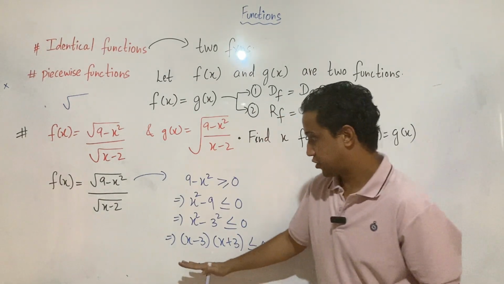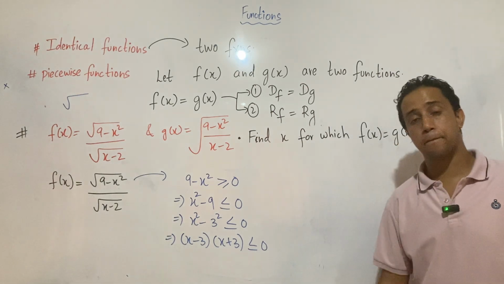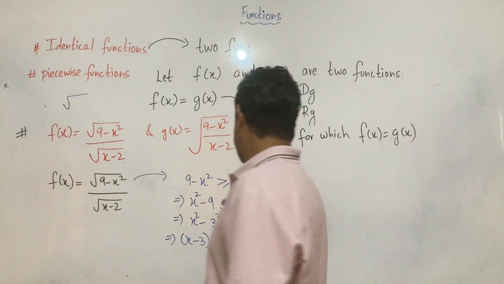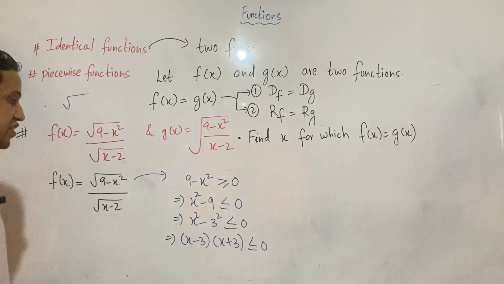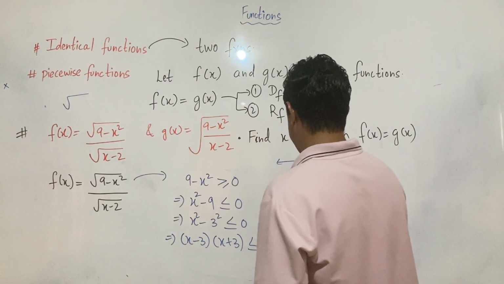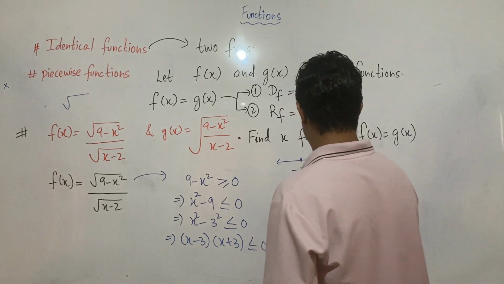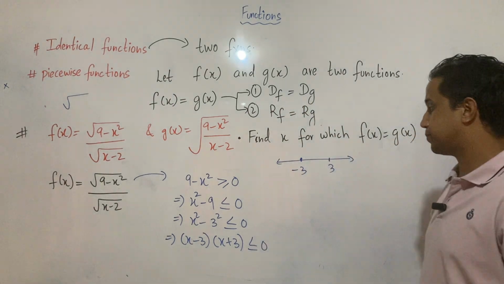Okay, so this is going to be my numerator part. If I have to solve this inequality, I have to draw a number line. Here I have minus 3, here I have 3, right?